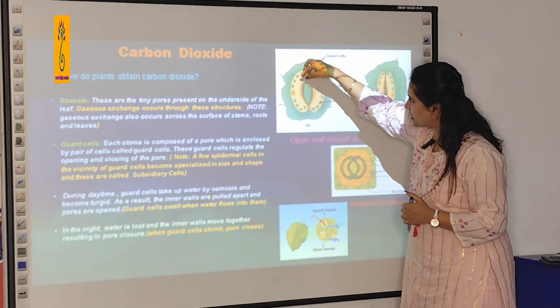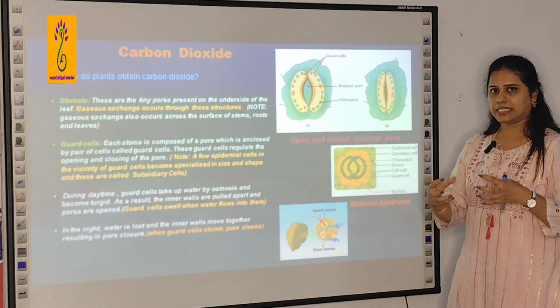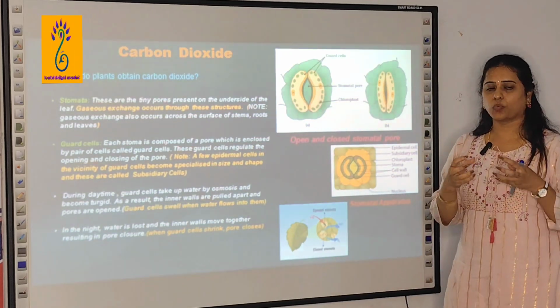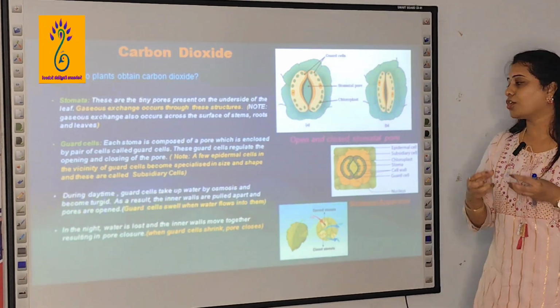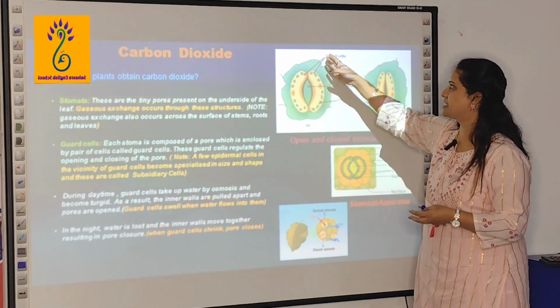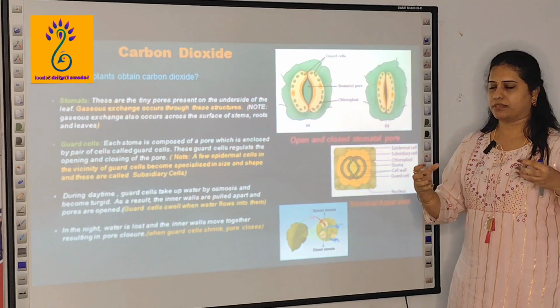Whenever water enters into these guard cells, what will happen? Yes, it will become turgid, that is swollen. It will become turgid or swollen, and the inner walls of these guard cells are pulled apart so that it opens.